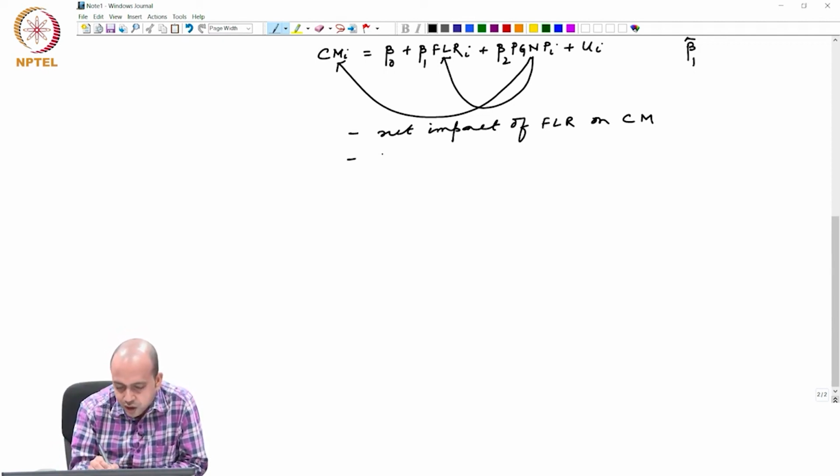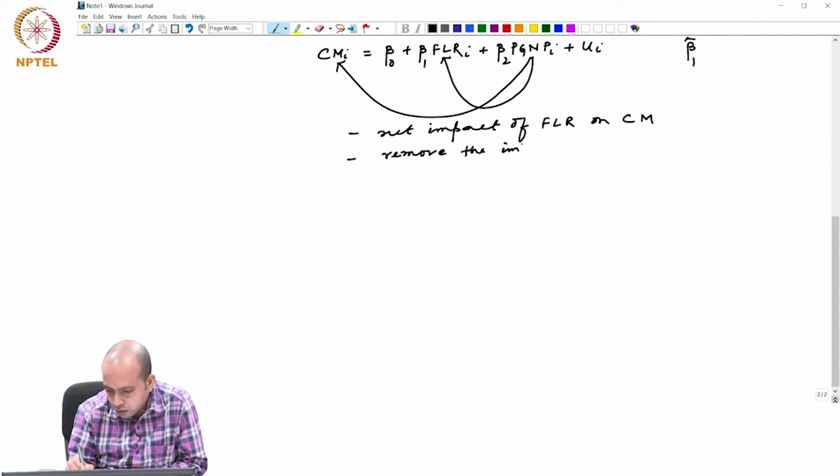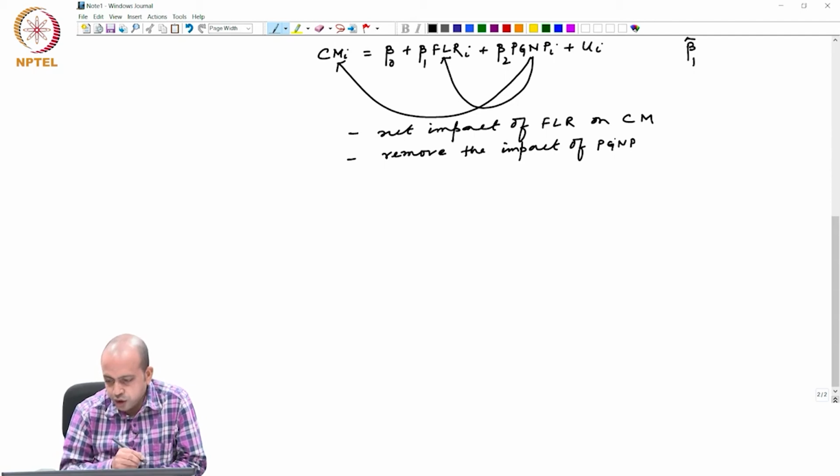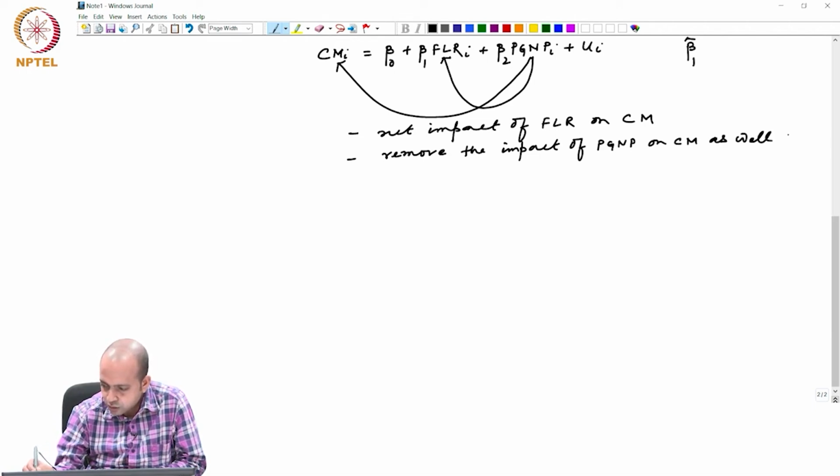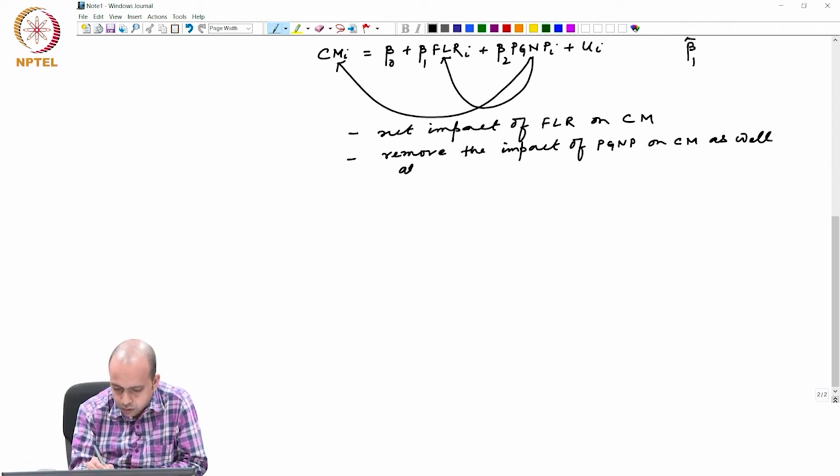We should remove the impact of PGNP on CM as well as on FLR.